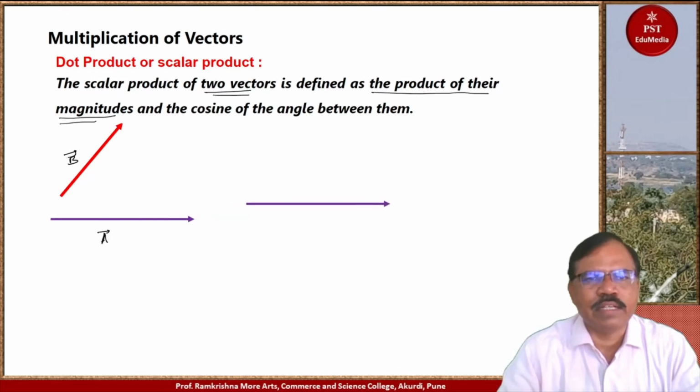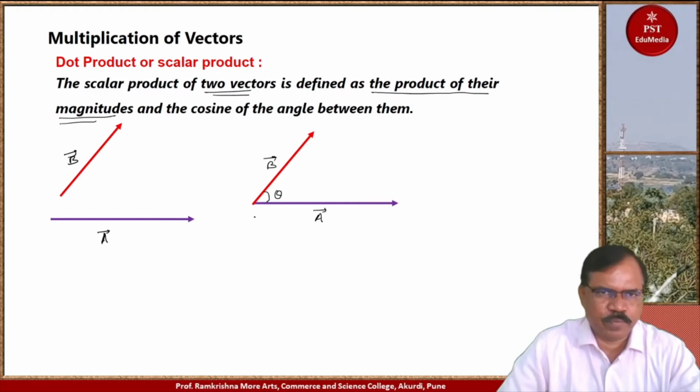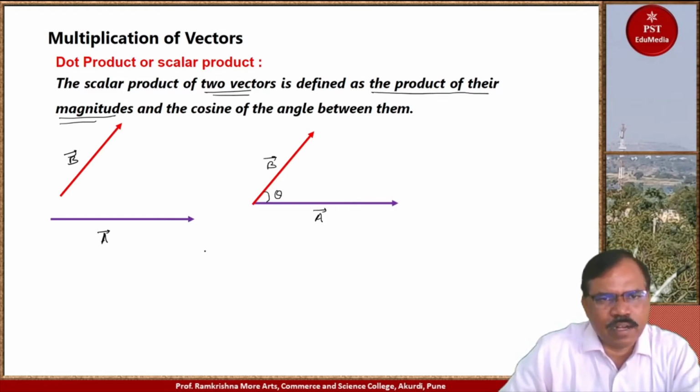So here I will take vector A and vector B. This is vector A, this is vector B, and this is the angle between them. Then what is the scalar product?